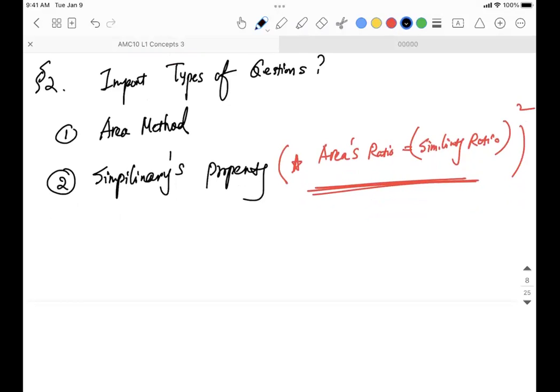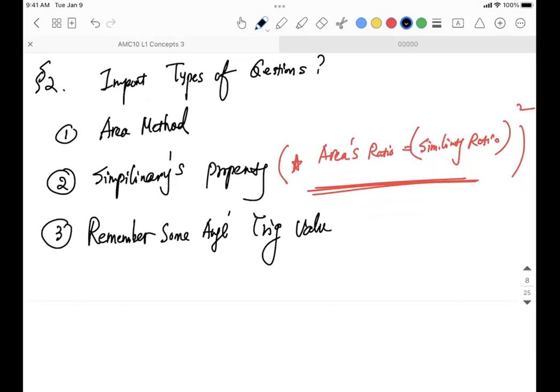And the third one, I really want you to remember some angles' trigonometry values. We both know the trigonometry of 30 degrees, 45 degrees, 60 degrees, 90 degrees, right?